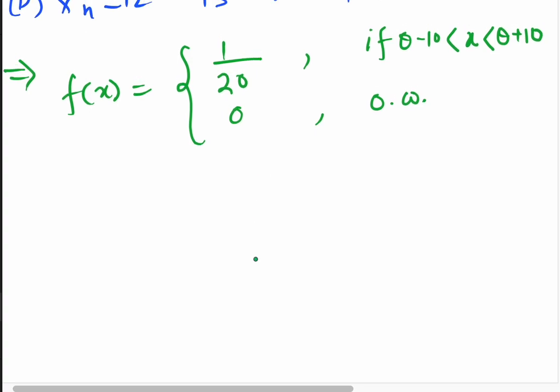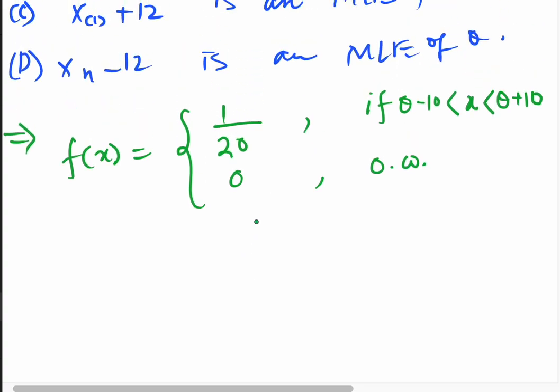That's it. Now from here we have to estimate θ. Now there is no way here to calculate it by differentiation. To calculate it we have to use other methods.